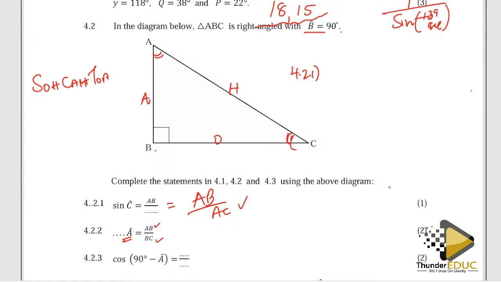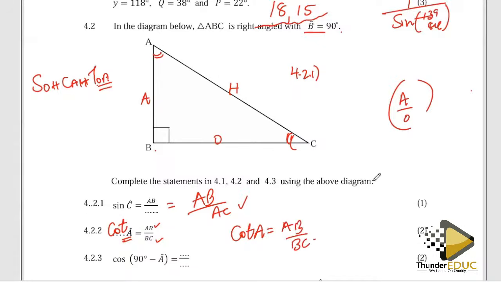AB over BC. So the ratio that talks about adjacent over the opposite, okay? Opposite over adjacent is the tan, but now this switched around. So this is going to be the cot. Okay, so cot of A will be given as AB over BC.